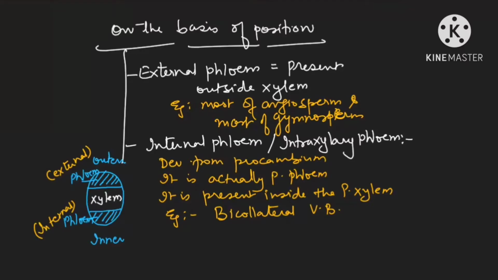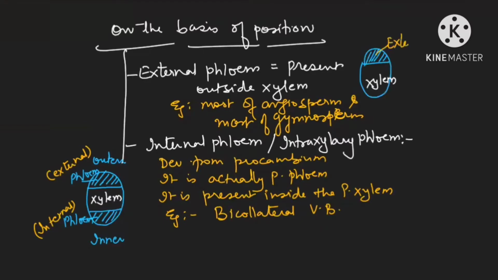And check the diagram. If I'm drawing it this way, this is phloem drawn only on one side, and this is the xylem. So phloem is present as external phloem only.